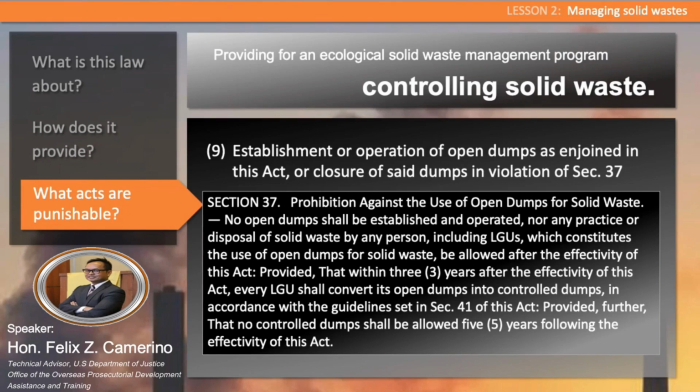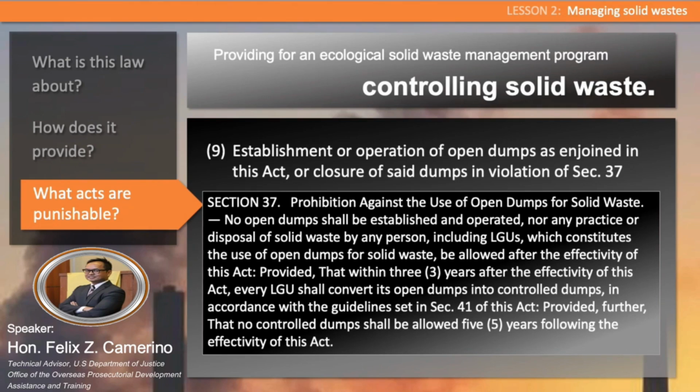The act of dumping, the act of disposing of solid waste into an open dump site constitutes the use of an open dump site, which is not allowed. So there you have it. That first part talks of 3 specific acts that are not allowed.